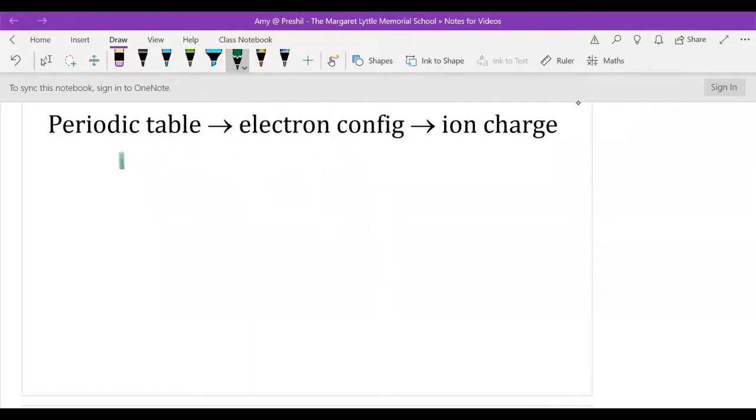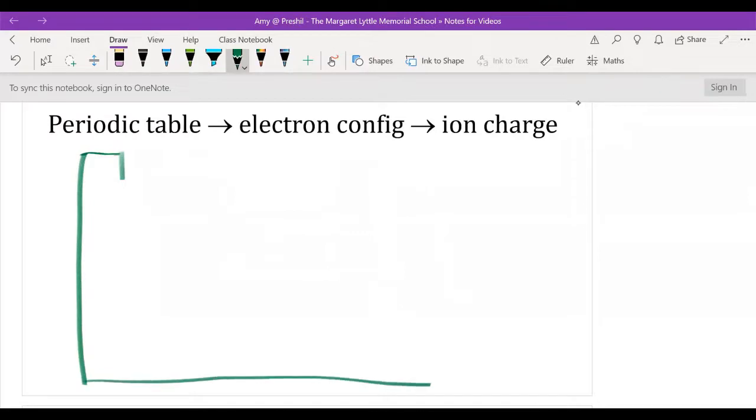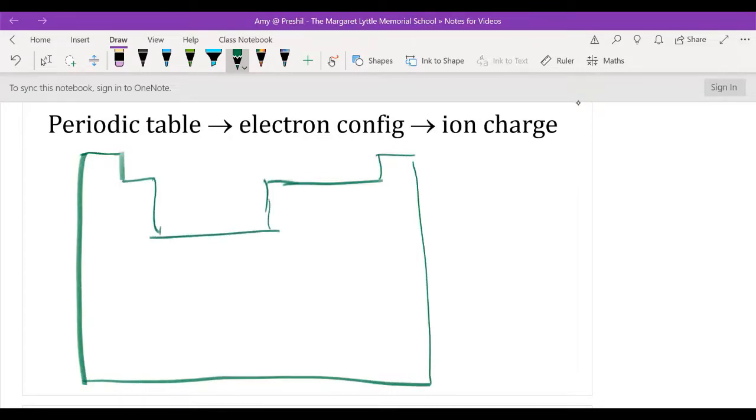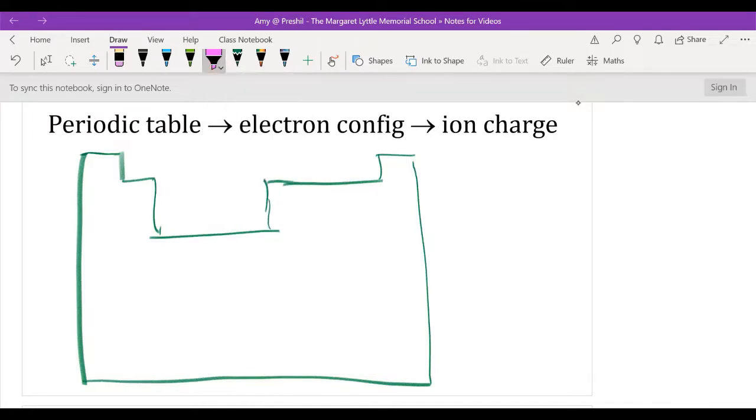So let's go back to this sketch. Let's roughly draw out a periodic table, just like I did before. So the goal, if you are any sort of atom, is to get an electron structure that looks like a noble gas.